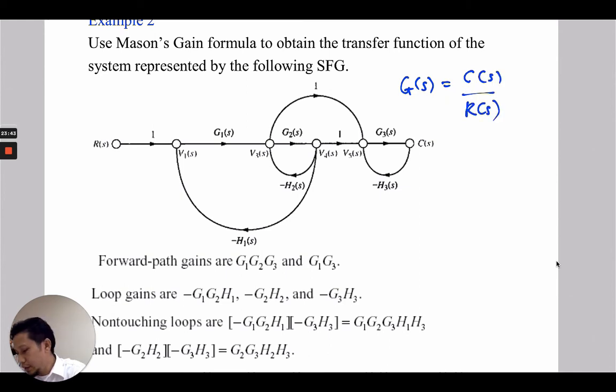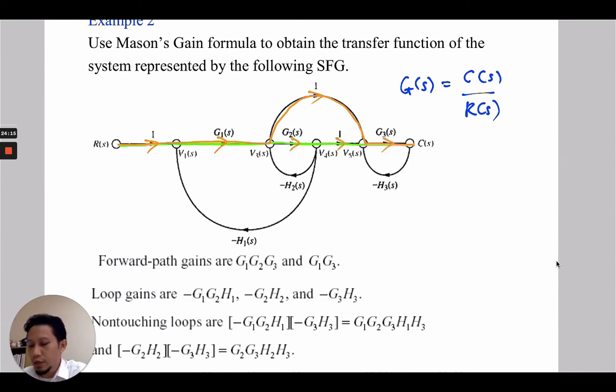So we find the forward paths between R(s) and C(s), which in this case we have one path, and then we have another path here and here and here. We must take into consideration only the forward path, meaning the arrow points to the right only.